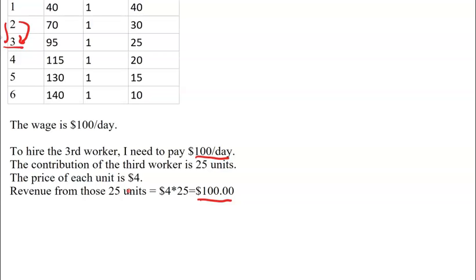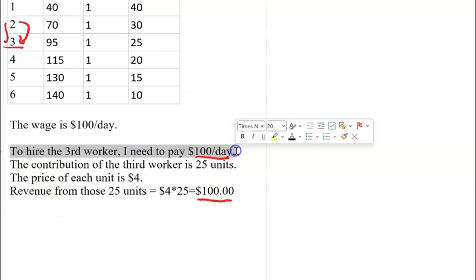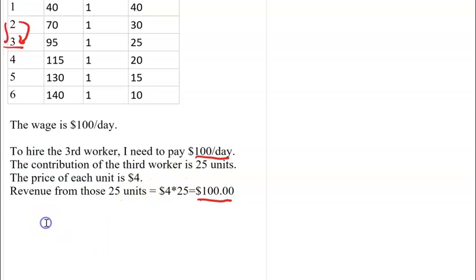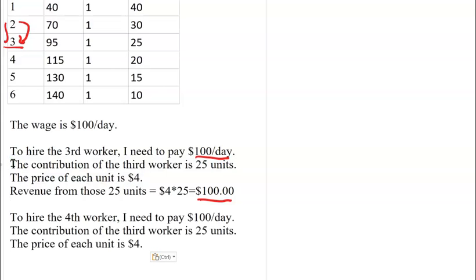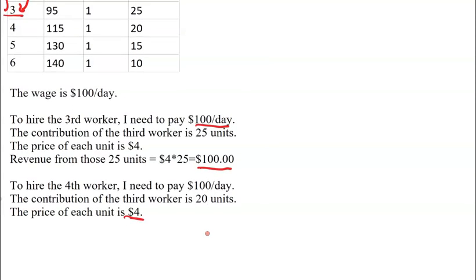But what about the fourth worker? Should I hire another worker? If I hire the fourth worker, I still need to pay $100 a day. Now, what about the contribution of the fourth worker? The contribution of the fourth worker is 20 units. The fourth worker is only producing 20 units, and I still charge $4 per unit because that's the market price. So my revenue is going to be $4 times the 20 units, which is $80.